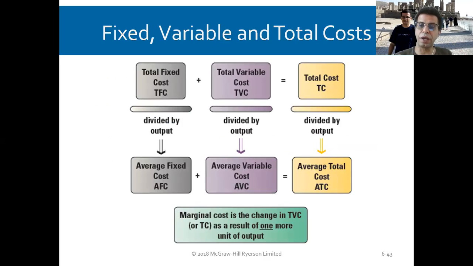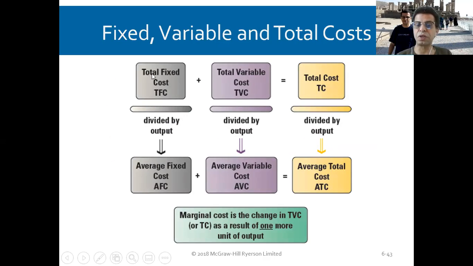So we're looking at it in general. For example, if you have the total fixed cost, TFC, divided by the total output, you have what you call the average fixed cost. Plus the total variable cost divided by the output gives you the average variable cost.